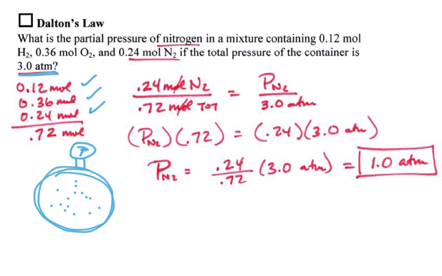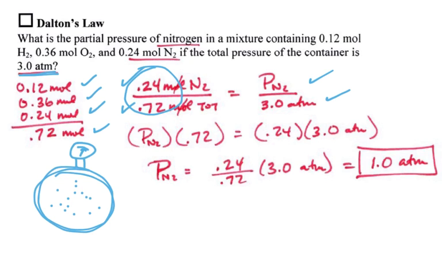So if I have a mixture altogether of 0.72 moles, and I have 0.24 moles of nitrogen out of 0.72 moles total of gas, then the pressure due to the nitrogen will be proportional. 0.24 over 0.72 is 1/3. So if 1/3 of the gas is nitrogen, then 1/3 of the pressure is going to be due to nitrogen.